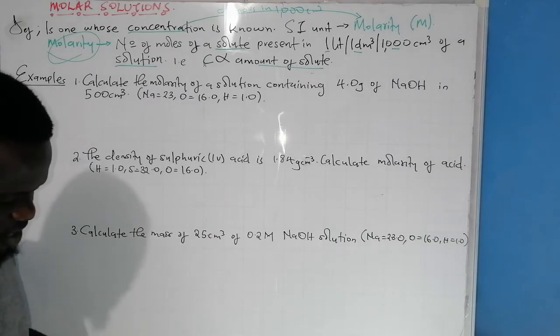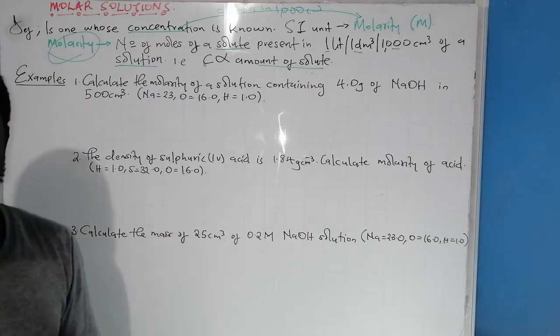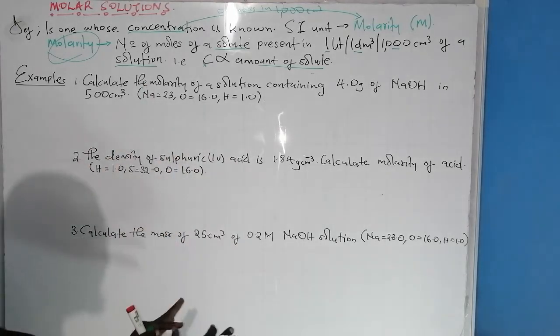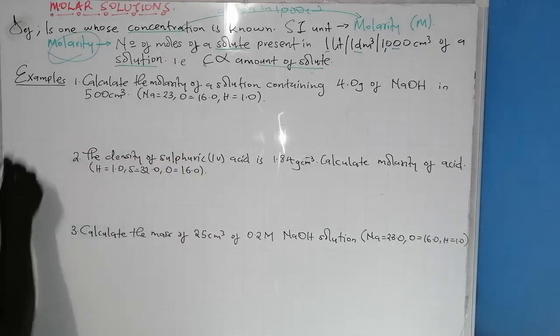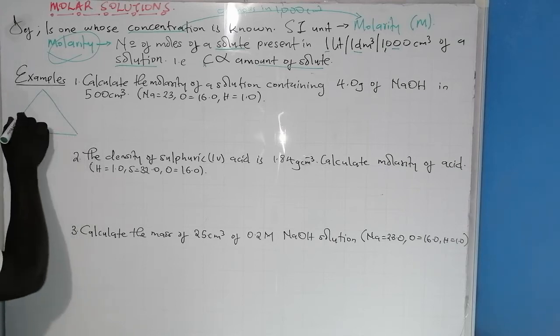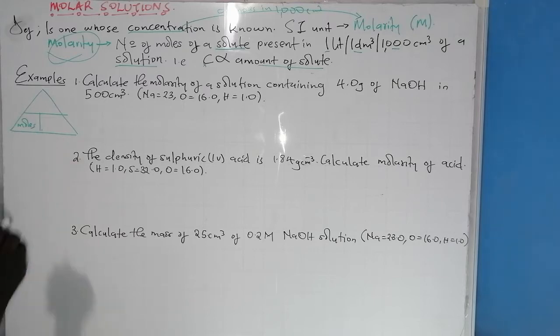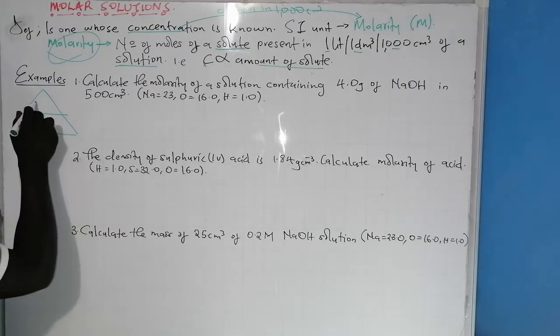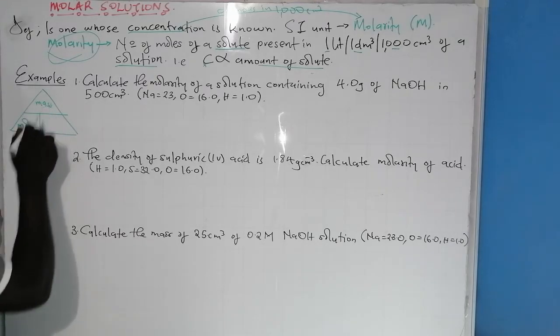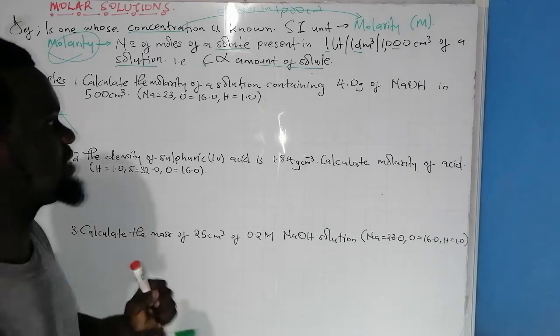Now, I normally give us students a very simple triangle that will help us discuss everything that we're going to tackle in this video. So if I have such a triangle, the number of moles of any substance is equal to the mass of that substance divided by the relative molecular mass of that substance.